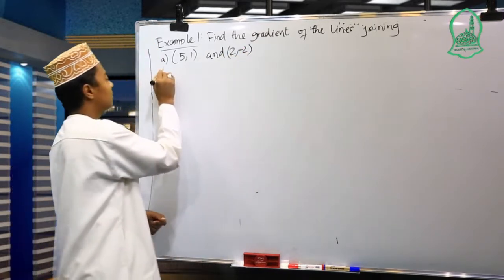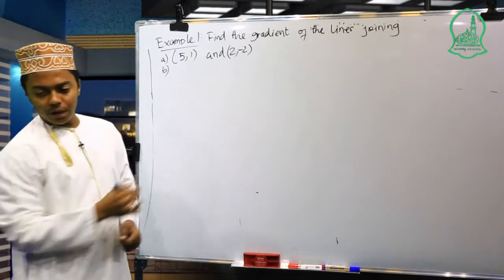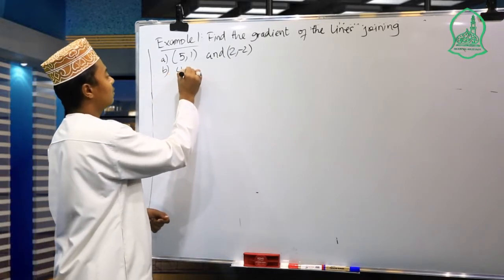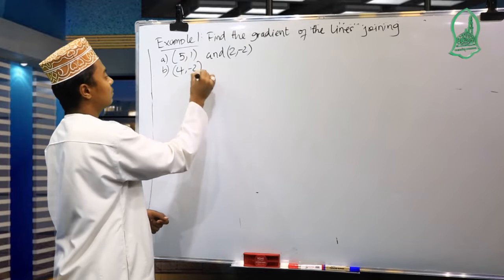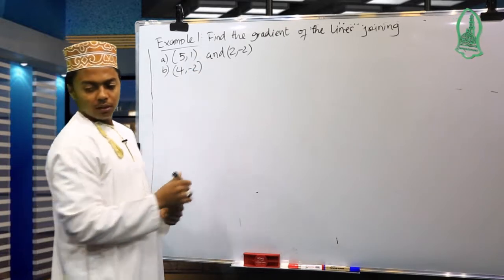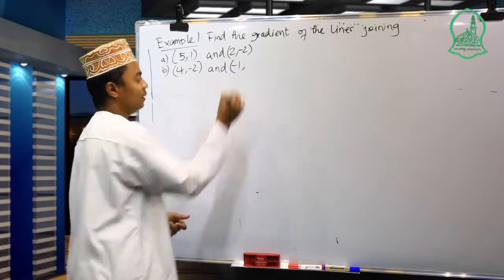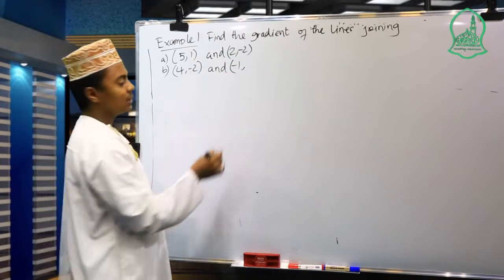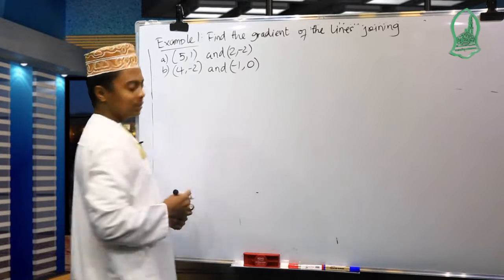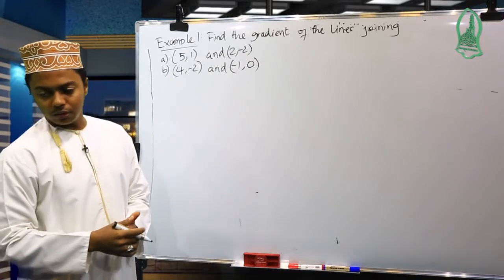B, we have 4, negative 2 and negative 1, 0.